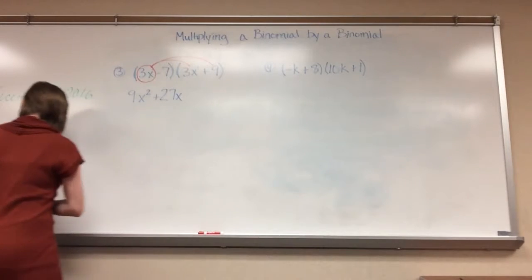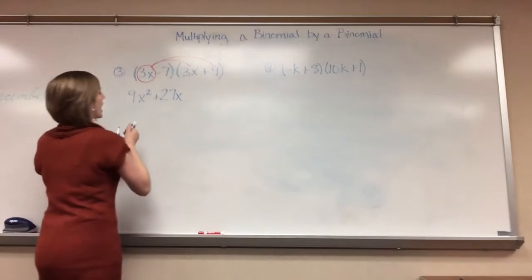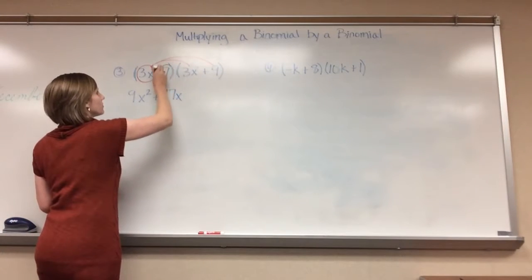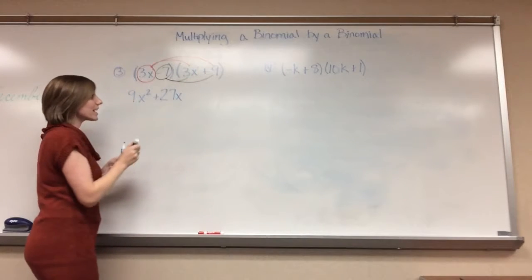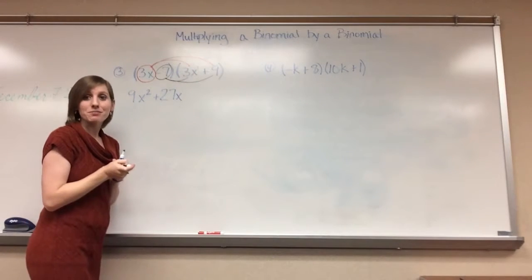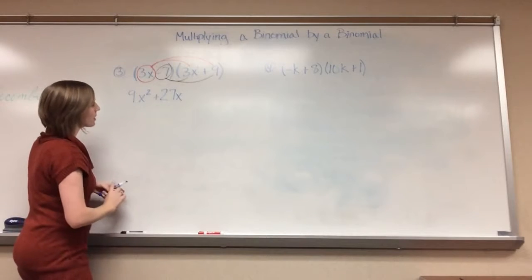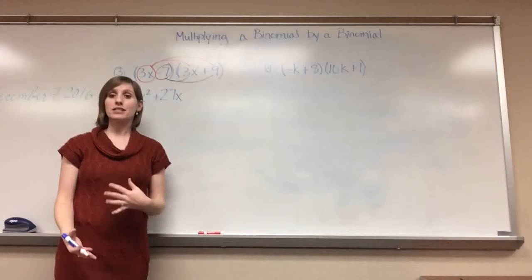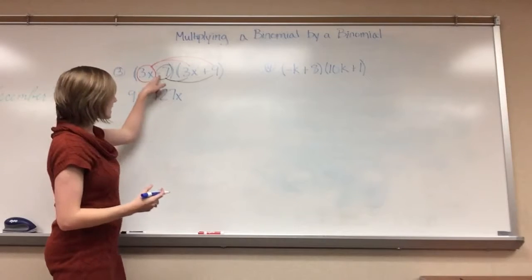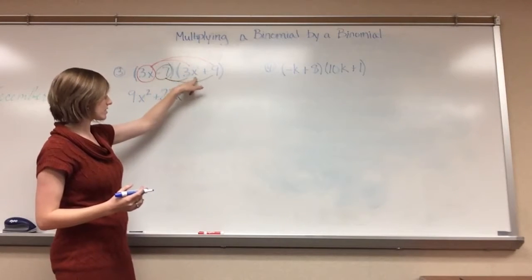Next, we need to go ahead and multiply the second term to both terms in the second set of parentheses. So again, we're doing that distributive property. Okay, so we're going to multiply. This is a minus 7, so it's like we're multiplying by negative 7. All right, so we're going to take negative 7 times 3x.